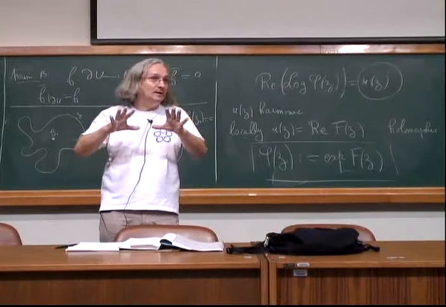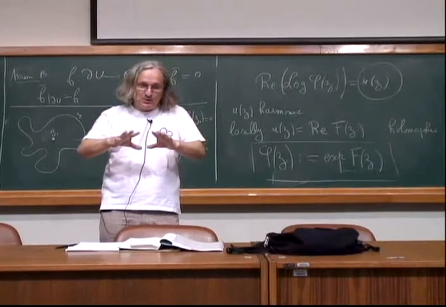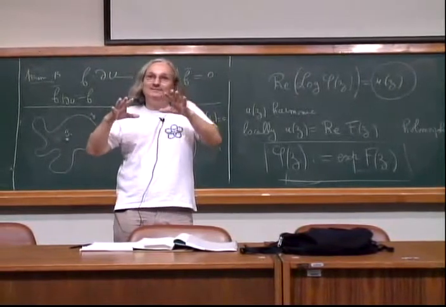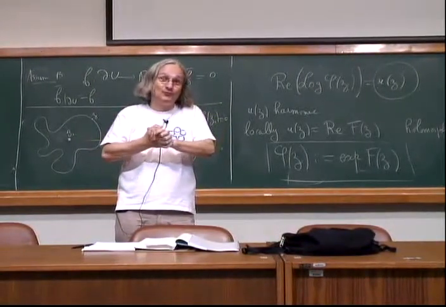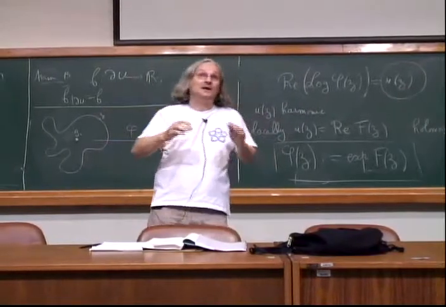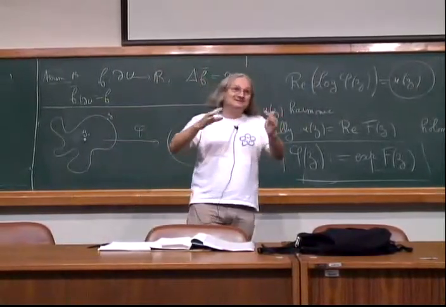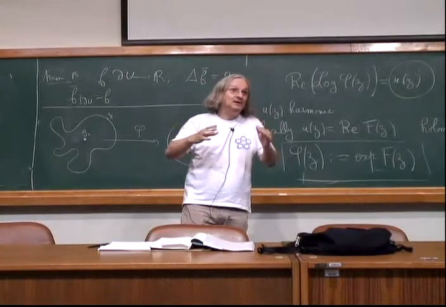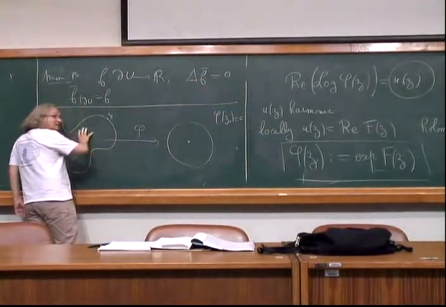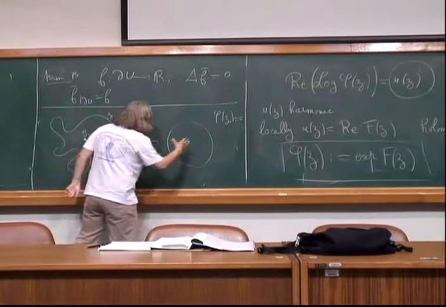This is a brilliant idea. Unfortunately, it was 100 years earlier than the possibility of having an actual proof. Nevertheless, he went on, and assuming the existence of this harmonic extension, he could prove the conformal representation of any simply connected domain on the disk.